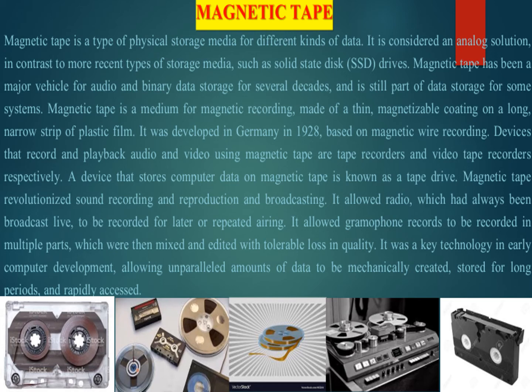It allowed gramophone records to be recorded in multiple parts, which were then mixed and edited with tolerable loss in quality. It was a key technology in early computer development, allowing unparalleled amounts of data to be mechanically created, stored for long periods, and rapidly accessed.